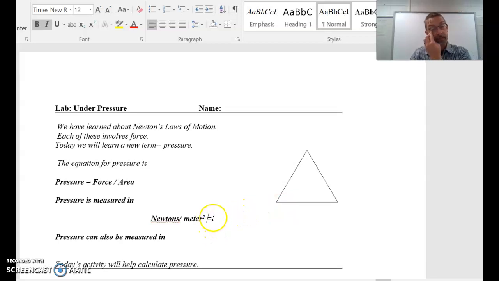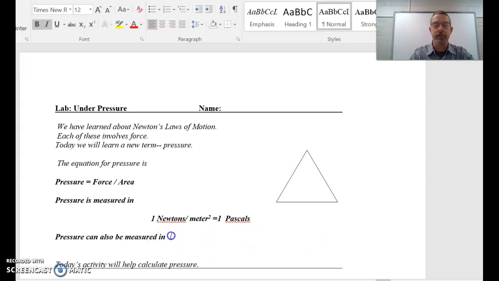That ends up being a mouthful, so we're going to call that a pascal, after someone who did a lot of experiments with pressure, Pascal. A force divided by an area is a newton per square meter, and 1 newton per square meter is the same as 1 pascal of pressure.